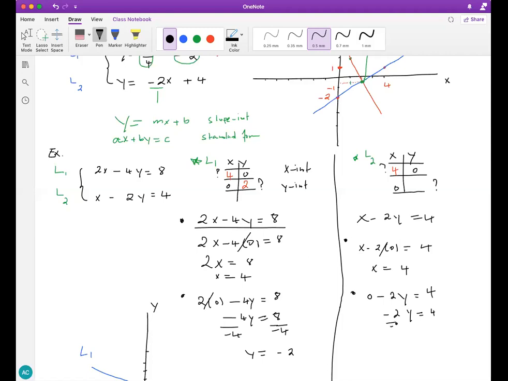If you divide by negative 2, we're going to find that y is negative 2. So that's the number we're looking for here. Y is negative 2.